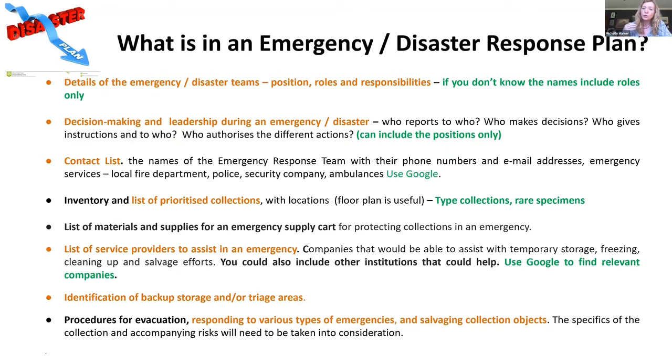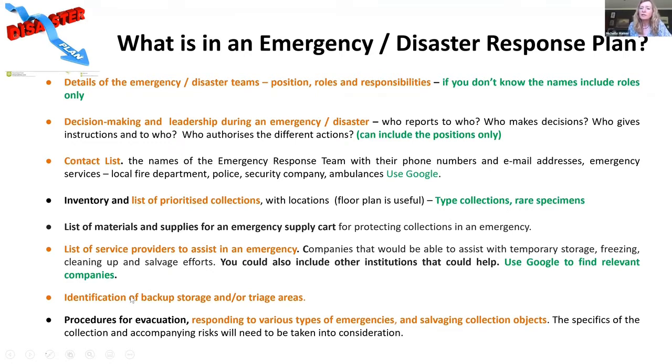And then also you could include other institutions that could help. So is there another museum or herbarium close by who might be able to come in and help you? Have their contact details. Again, here you use Google to help you find those kinds of companies.